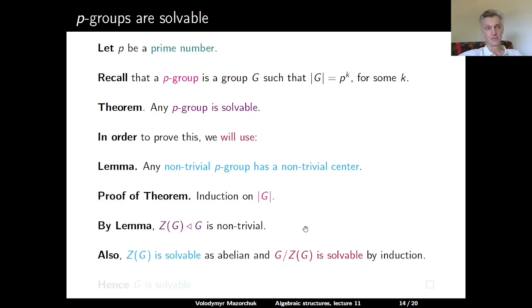It's a normal subgroup of G, and since it's a non-trivial center, the quotient of G modulo the center has fewer elements than G. So it is solvable by induction, because we do induction on the cardinality of G. And so by our previous proposition about extensions, it follows that G is solvable. So all we need is to prove this lemma.